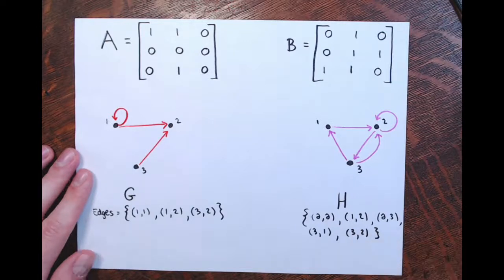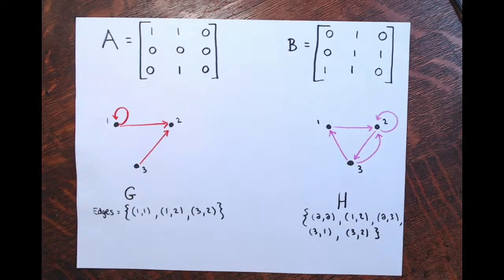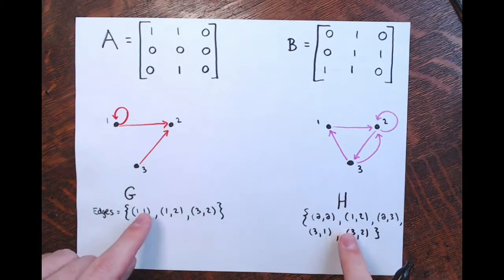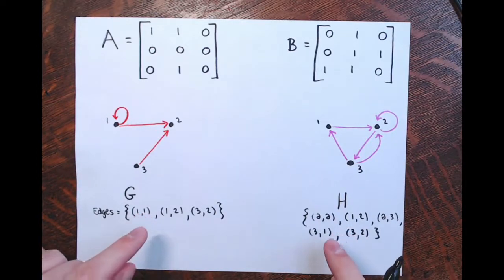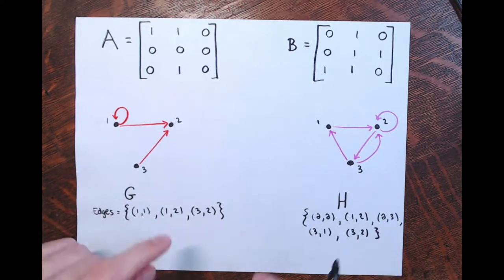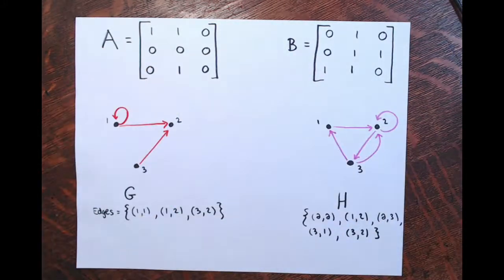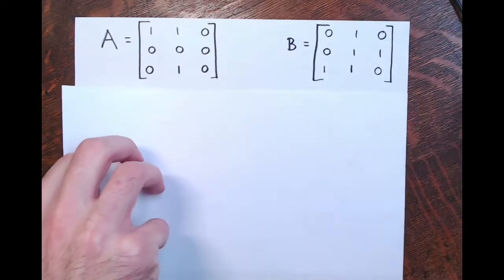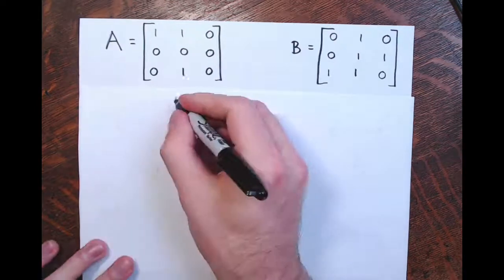You could list the edges if you wished as ordered pairs, as we've seen. And now what I want is the union. What's the union of these graphs? It would just be the union of these edge sets. But an easier way to figure out what the union looks like is take the sum of these matrices. So A plus B.